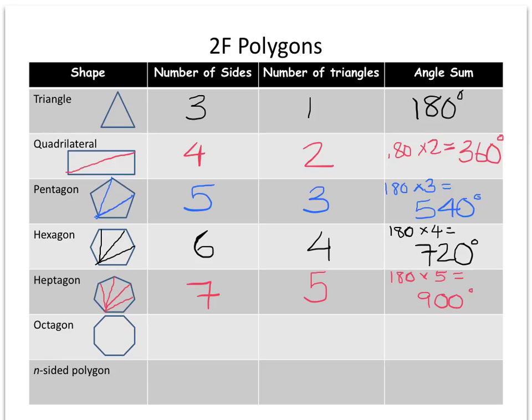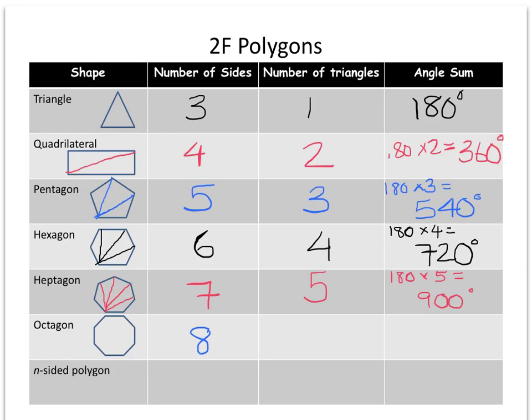Okay, an octagon, I'm not going to draw it in this time. Let's take a look at the pattern. An octagon has 8 sides, and you'll notice the number of triangles in each shape is 2 less than the number of sides. So if we look back, the triangle has 3 sides and 1 triangle, and a quadrilateral has 4 sides and 2 triangles, and a pentagon has 5 sides and 3 triangles.